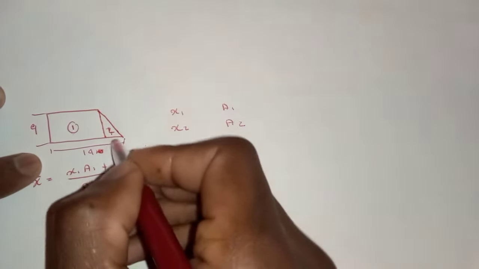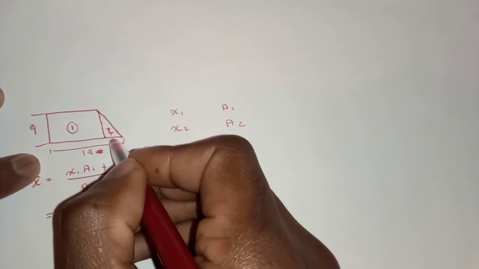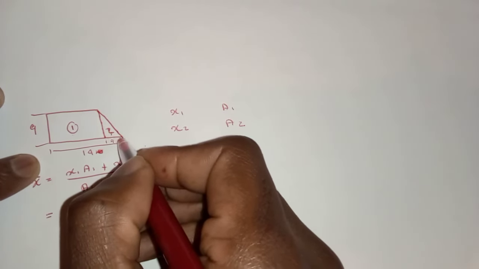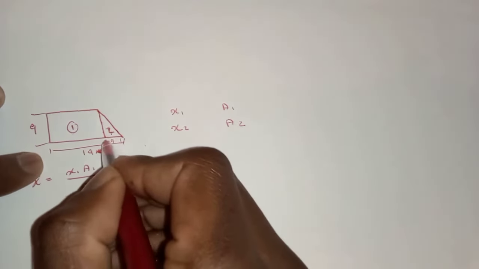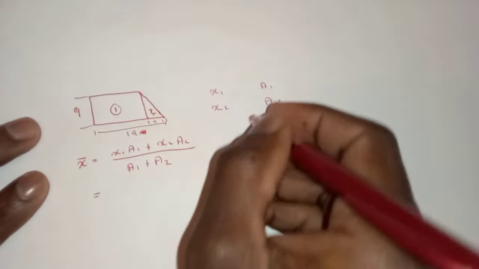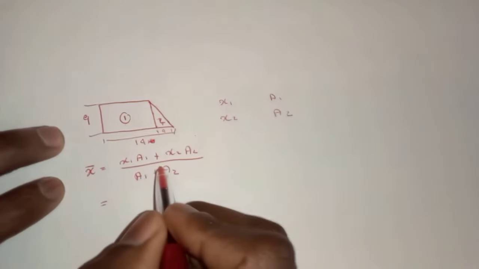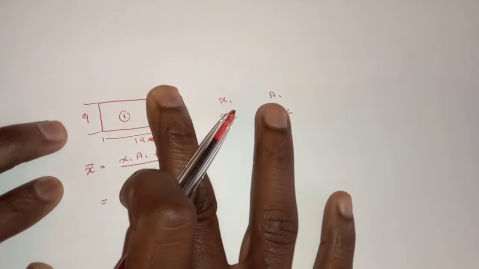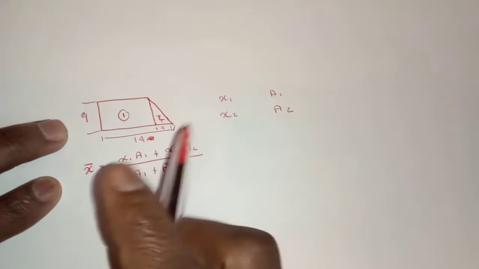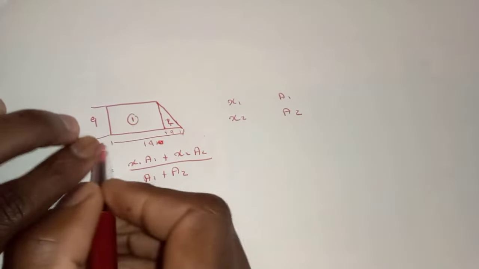Let's say this is 3. This is 9 from here to here. The overall is 19. From here to here it's 9. From there to there it's also 9. And then we are going to say our x bar, we are only considering the rectangle. Our x bar is this.